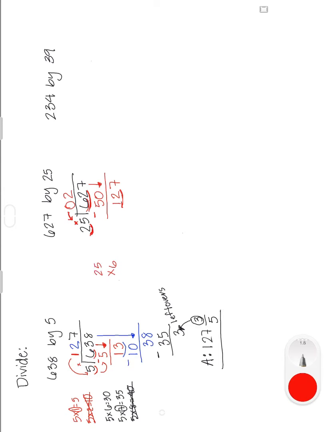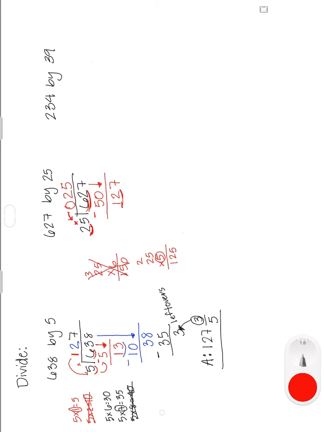So let's see what is 6 times 25. Well, 6 times 5 is 30. 6 times 2 is 12. And 3 is 15. This is over 127. So let's go one lower. So 5 times 25. 5 times 5 is 25. 5 times 2 is 10. And 2, 12. So it's 125.